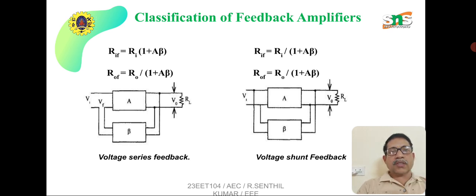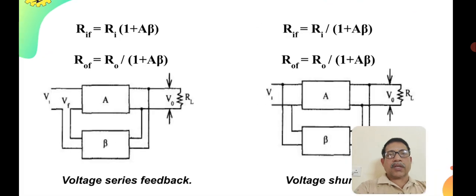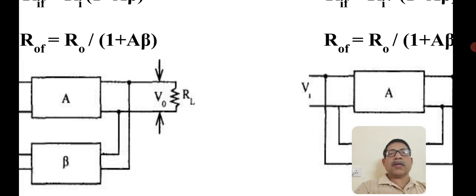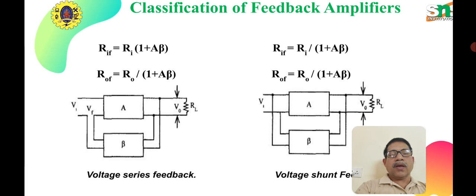See the connection here: the output of the amplifier gain A is connected in parallel, and this parallel connection is given as the feedback path to beta.